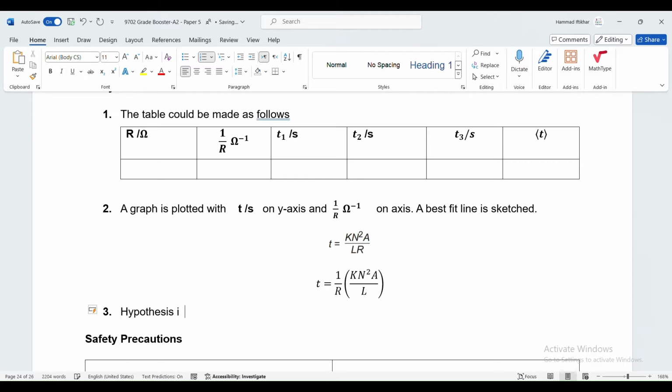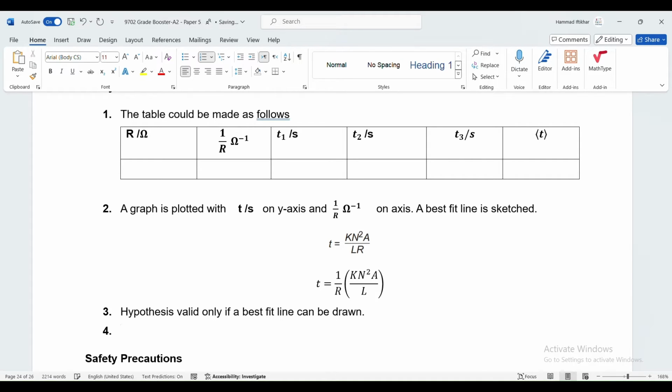Hypothesis valid only if a best fit line can be drawn. We know in statistics about the regression score, so if you want, you can write about that also. But if you want to skip it, that's also fine.